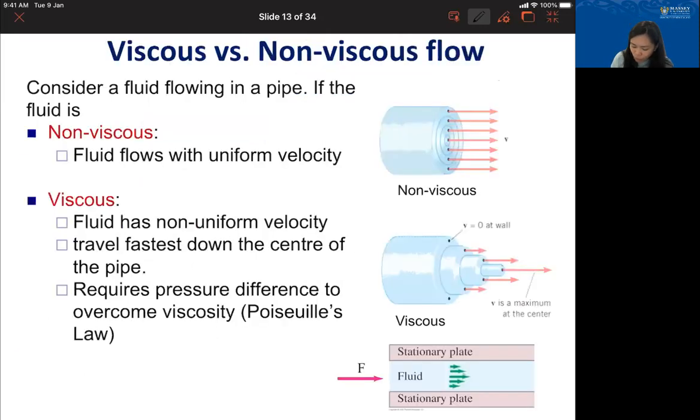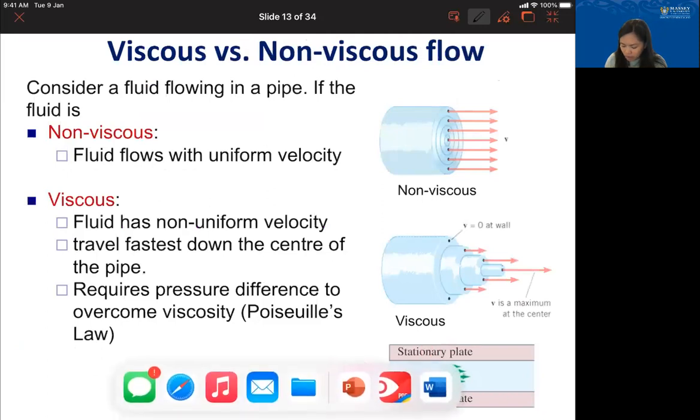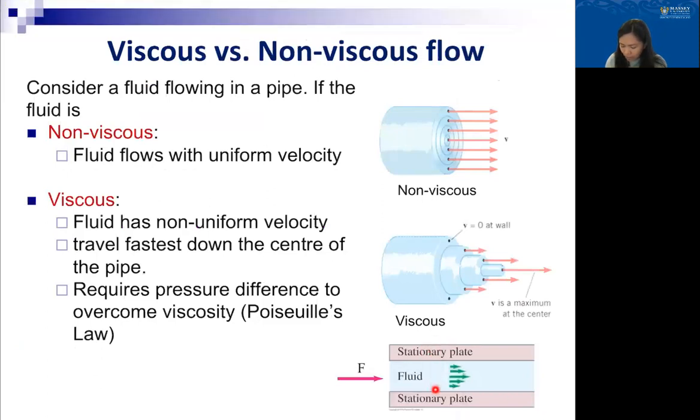Now in fluid flow through a pipe, it's like you have two stationary plates on top and at the bottom. Okay, so if we do the same analysis that we did previously with a single moving plate, the water or fluid molecules near the stationary plates will sort of be stationary, so they have zero velocity.